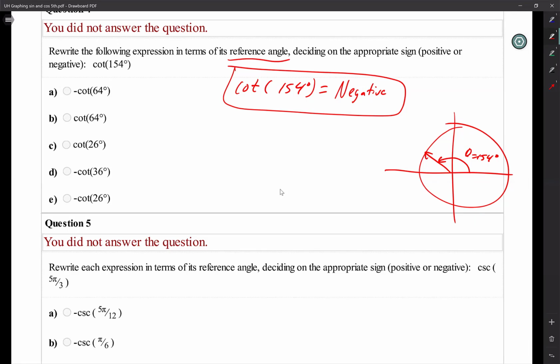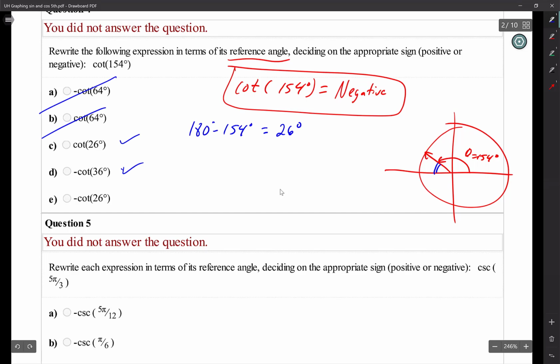So let me find out what the reference angle is. So to do that, you go 180 minus 154, and that's your reference angle. 54, 64, 74, so it looks like 26 degrees. All right, out, maybe. Oh, nope, that's 36, out.